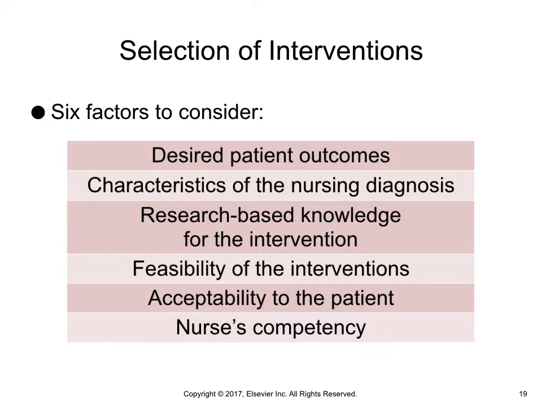When selecting interventions, review the patient's needs, priorities, and previous health experiences. Correctly written nursing interventions include actions, frequency, quantity, method, and the person to perform them. Please review Box 18.1, Choosing Nursing Interventions, as a supplement to this PowerPoint.